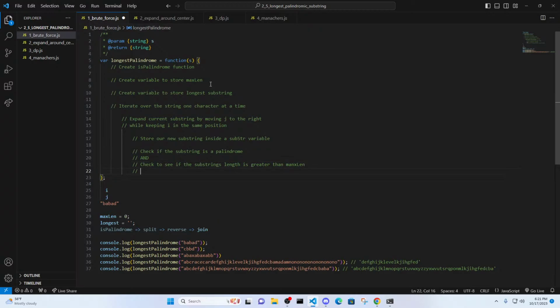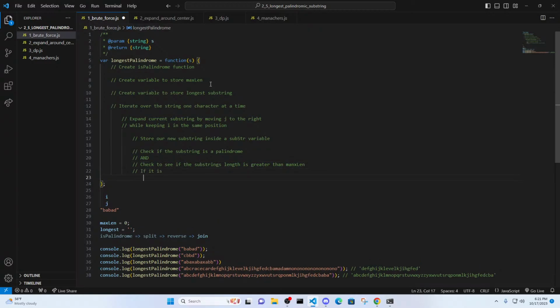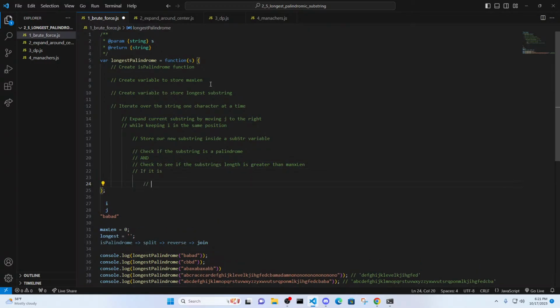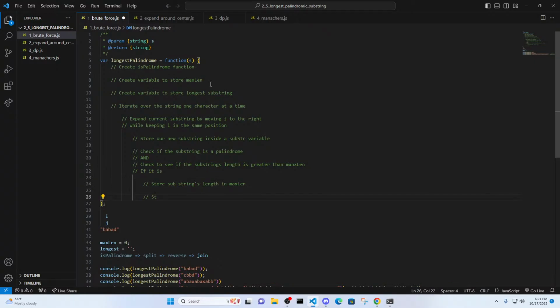And if it is, then we're going to store the substring's length in max length, store the substring in longest, and then at the end we're just going to return longest. That all makes sense, right?